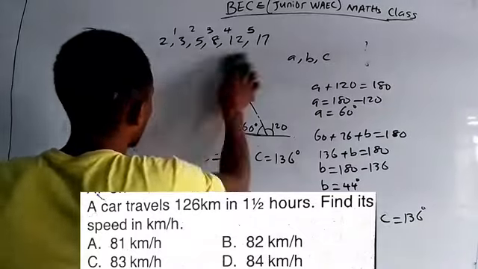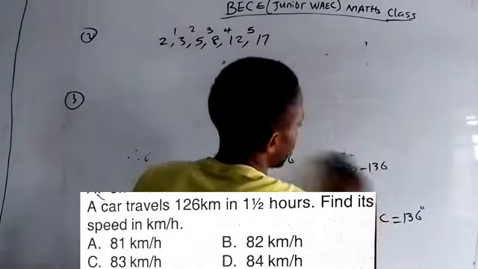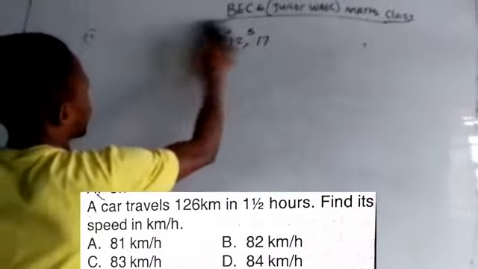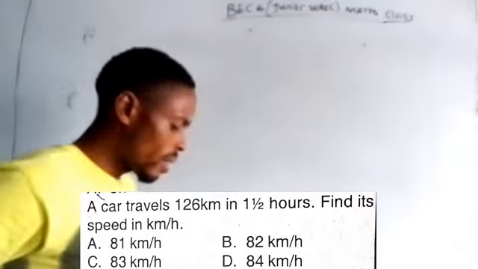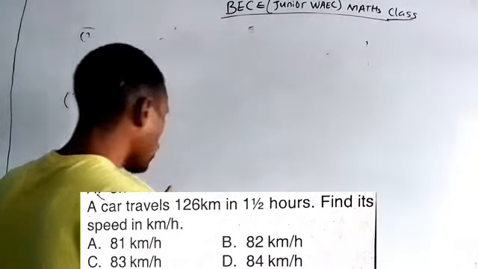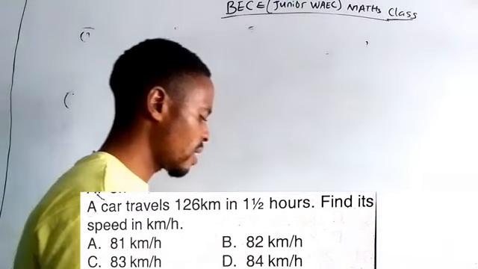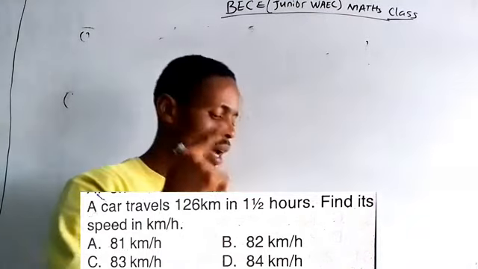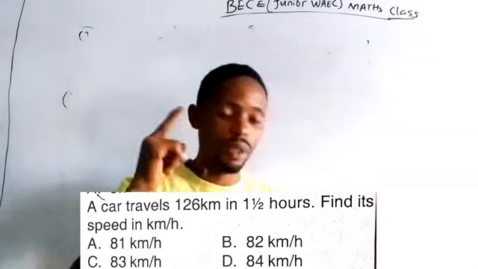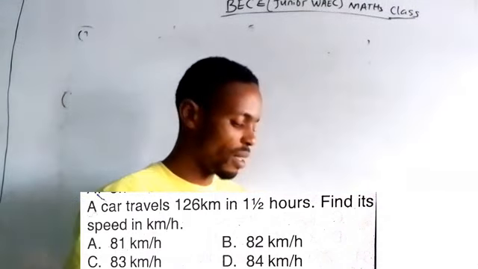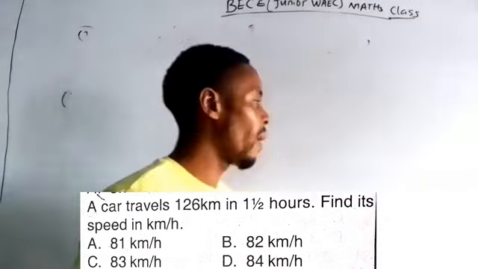So we have this question here. The question states that a car travels 126 km in 1.5 hours. Find the speed in kilometers per hour.